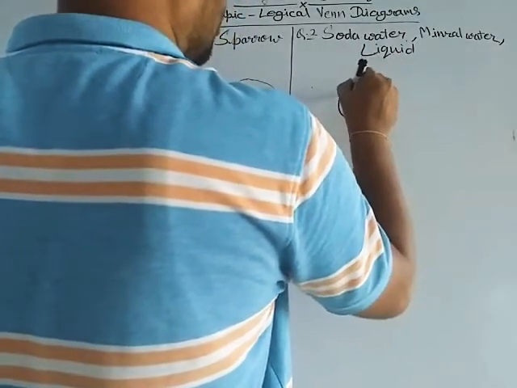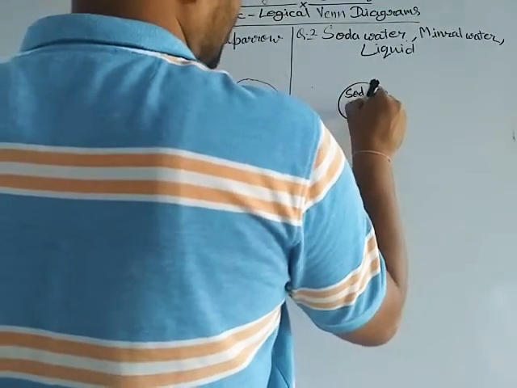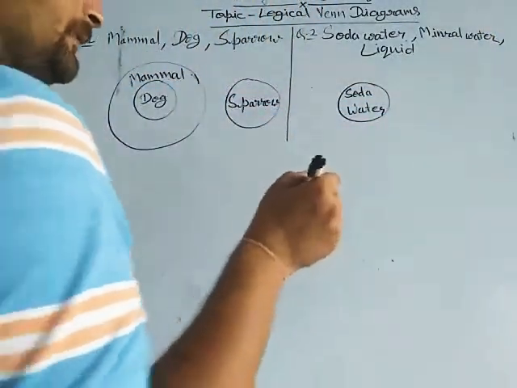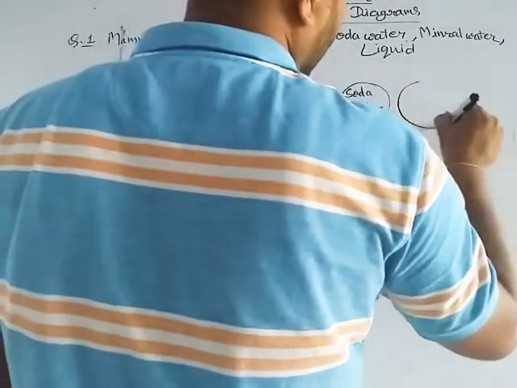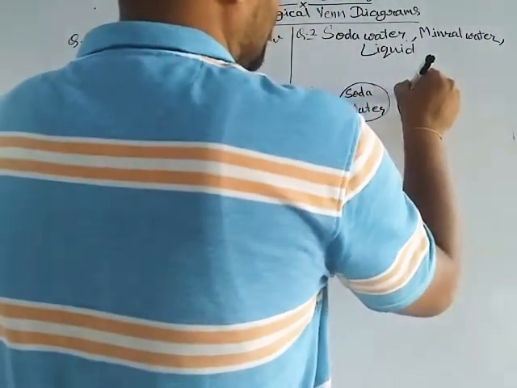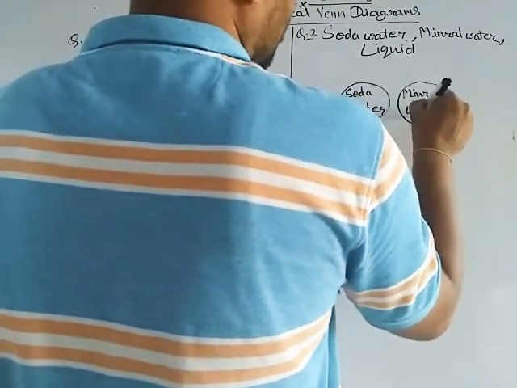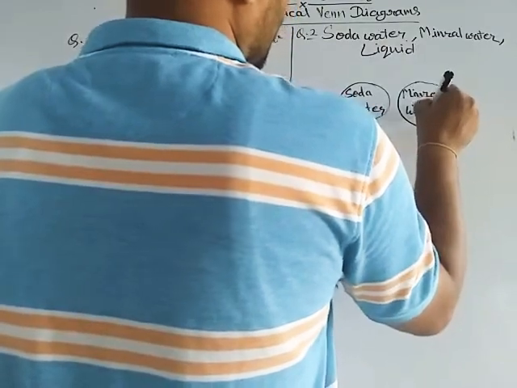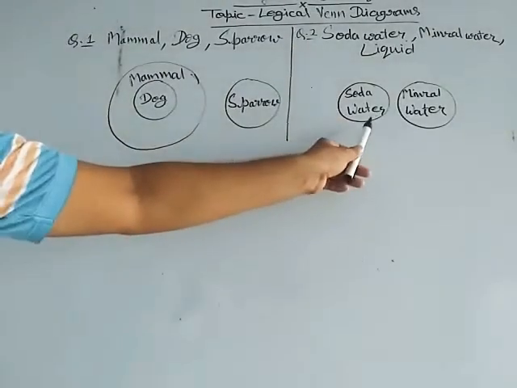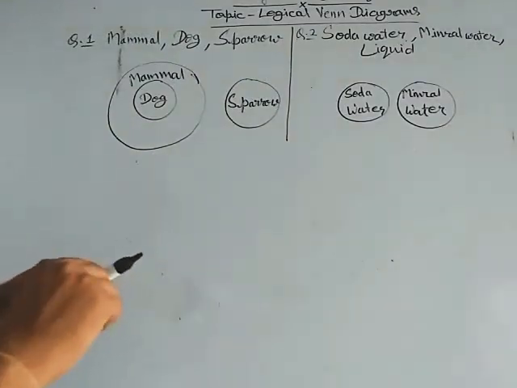Here is the circle for soda water. Soda water and mineral water are different things, so these are not related to each other. Here is soda water and here is mineral water. Now the next is liquid.